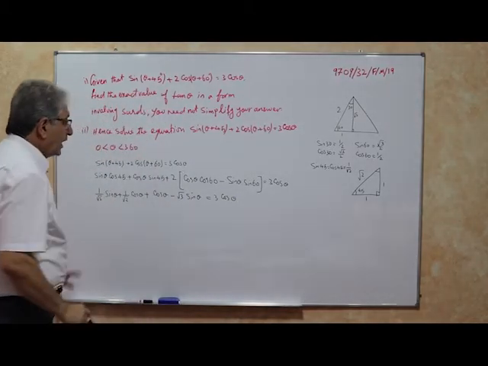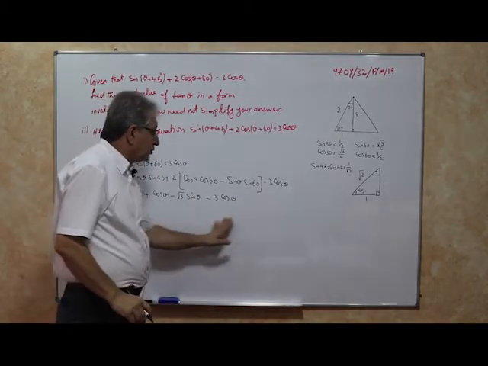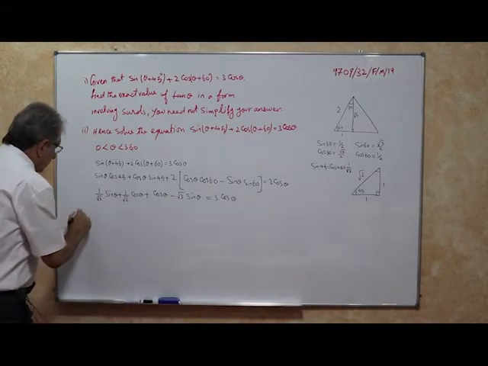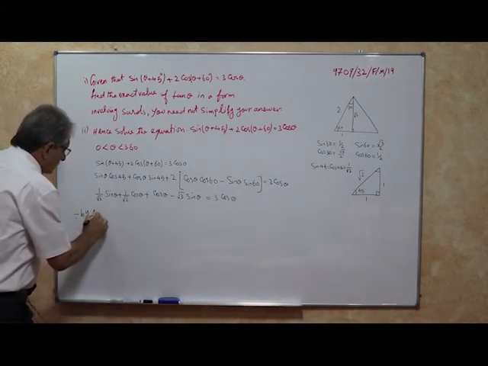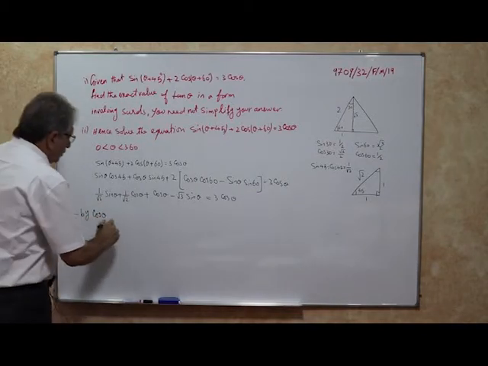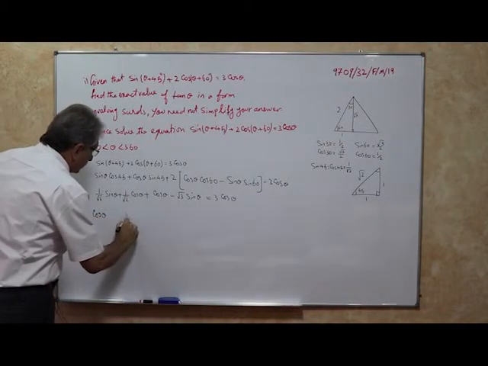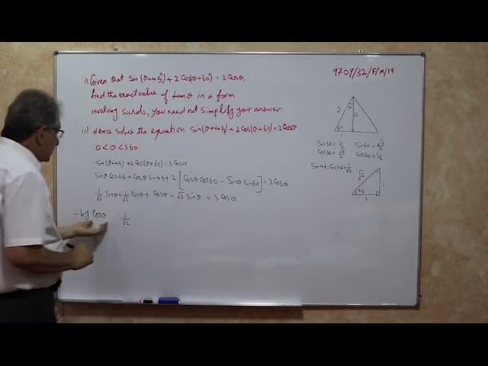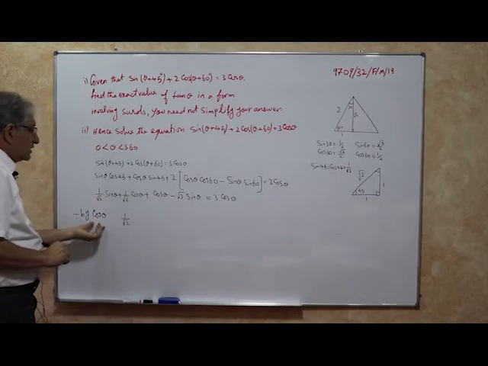Now I will divide throughout by cos theta. Why am I dividing by cos theta? Because we want tan, therefore cos theta should be in the denominator.